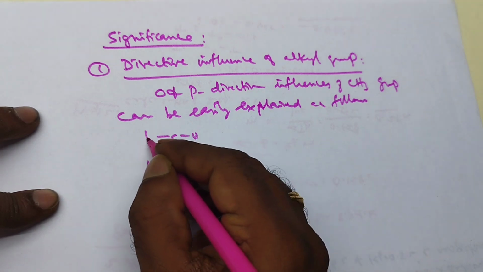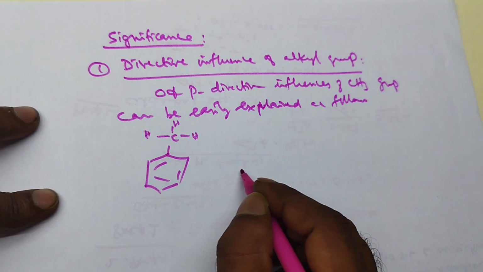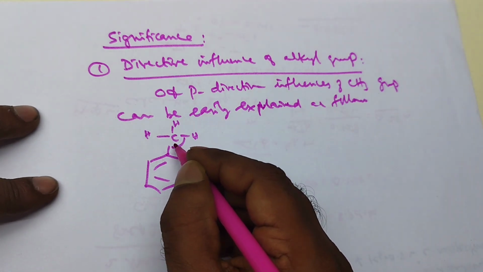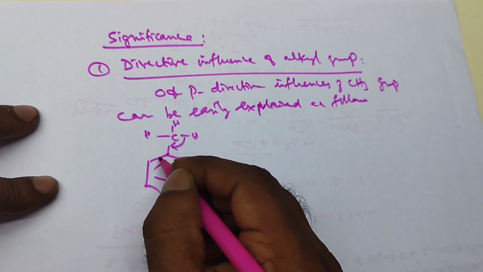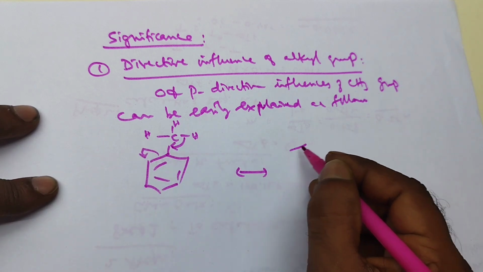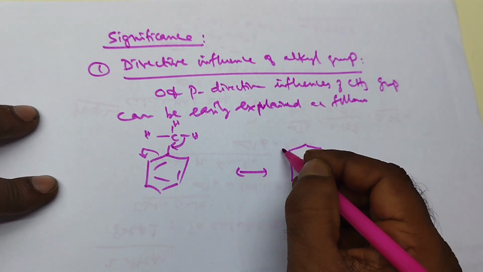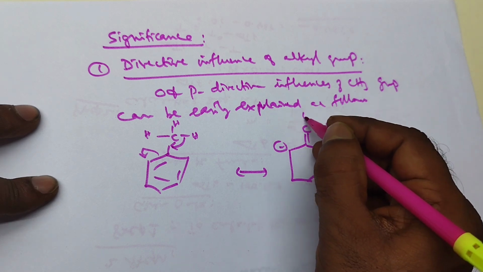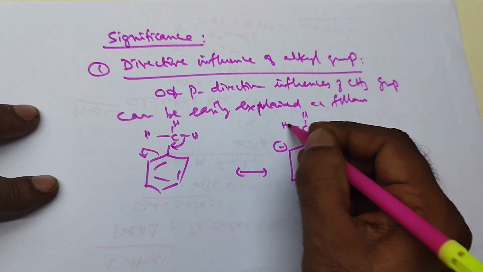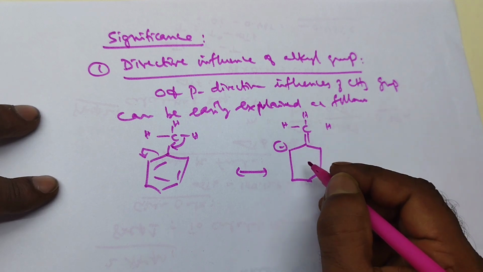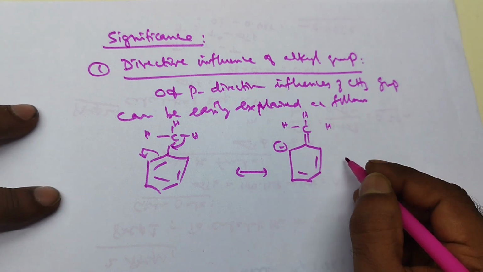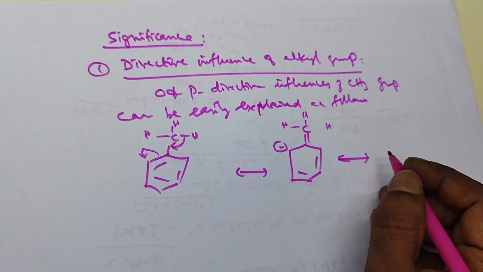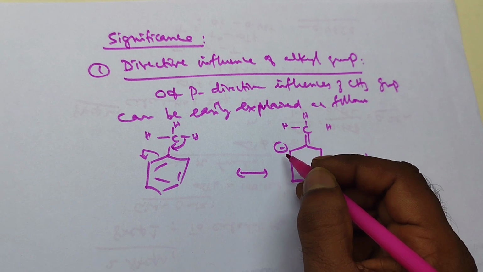CH3. If you write the resonance structures of this, what will happen? The sigma electrons shift to form a double bond here, and this will become a minus charge. So you draw it like this: minus, double bond, and there is no bond between this carbon and hydrogen, with these two pi bonds as such.